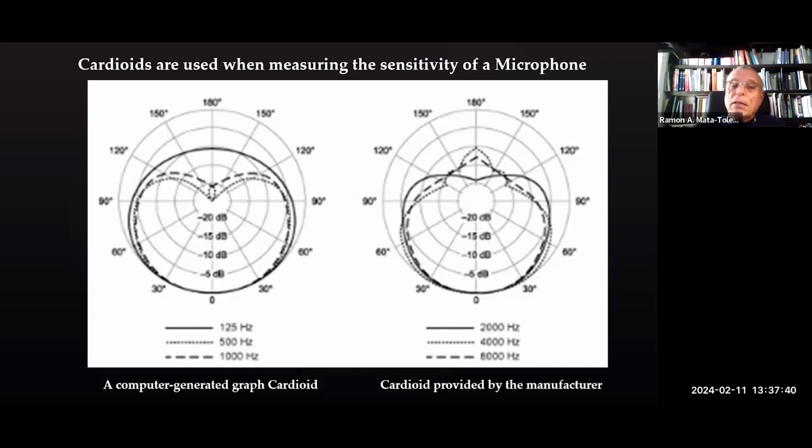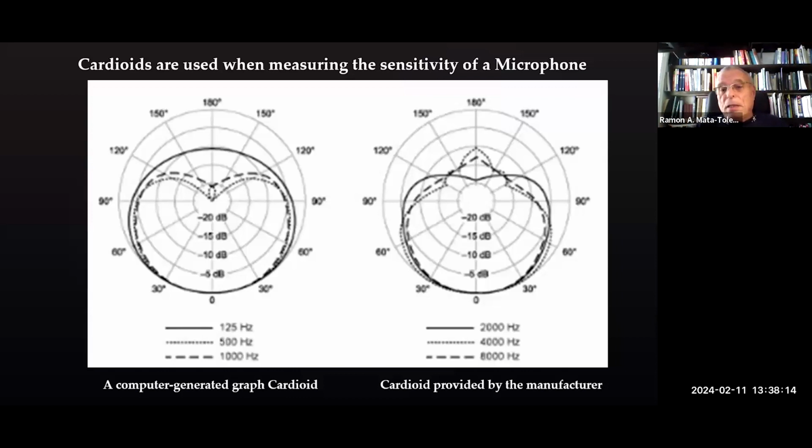And we use that tool, that graph that we are manipulating, as the tool that allows us to answer some of the questions of the student. So notice here at the left, we have a cardioid that is generated by a mathematical formula. All these graphs have been generated using Mata. This graph here, the one at the left, is the one that is generated by the computer.